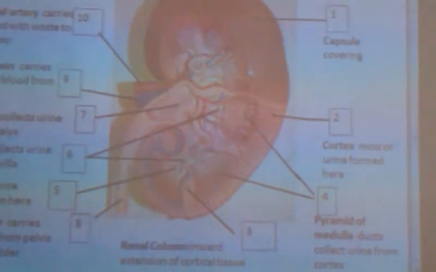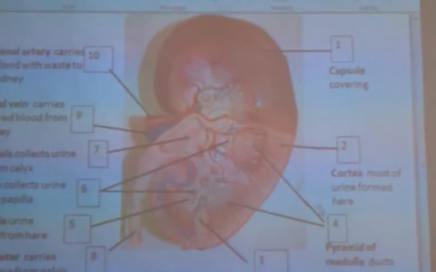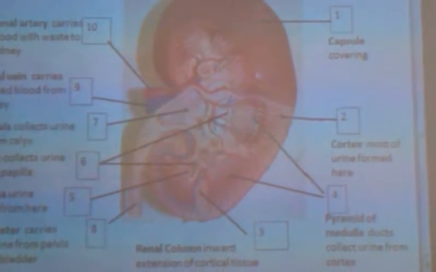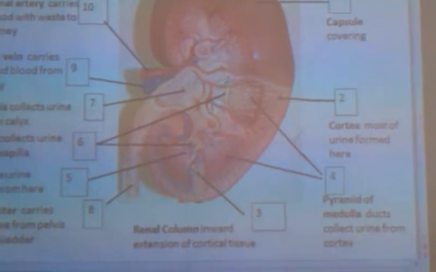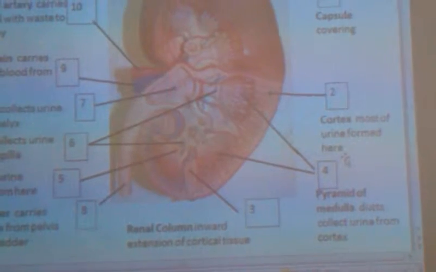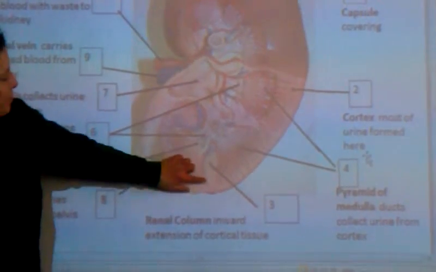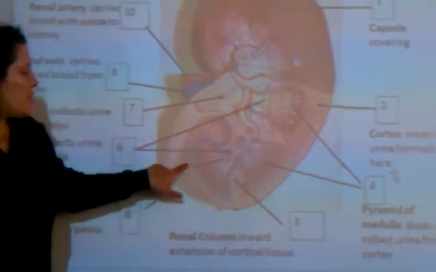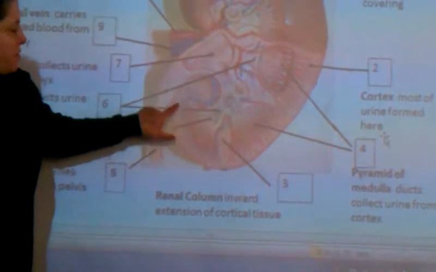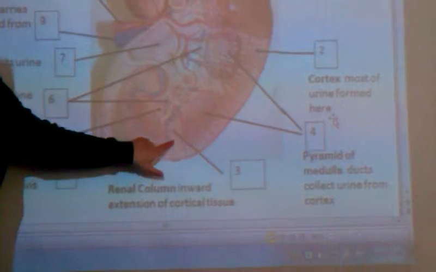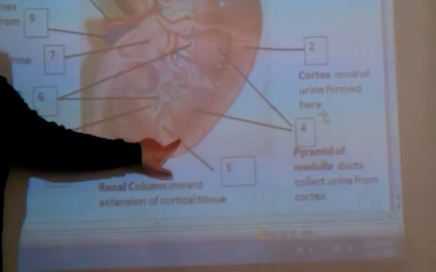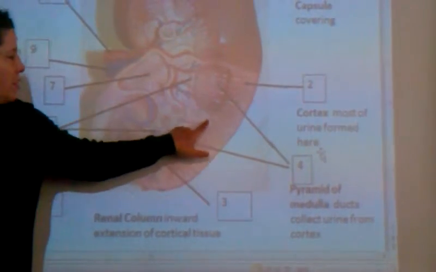Okay. Now there is a section in between these renal pyramids. There is some tissue. This tissue is called a renal column, and it's just an extension of the renal cortex. The renal cortex is just this narrow band, but every once in a while it dips down in between the pyramids, like this, dipping in between.